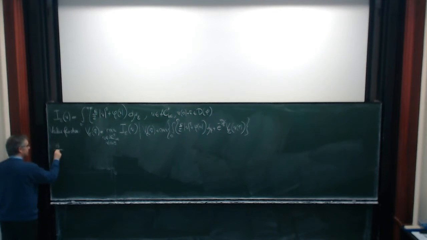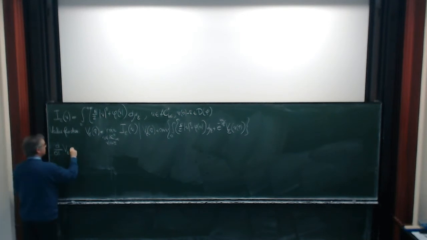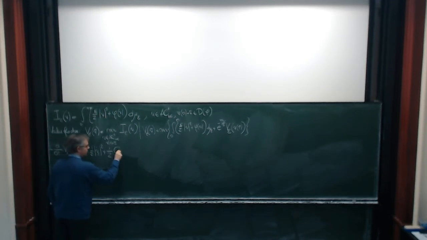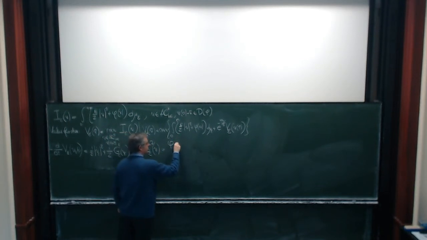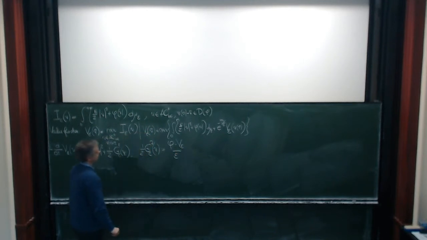So if I evaluate the time derivative of the value function along the minimizer, let me call it now u epsilon, the minimizer of I epsilon of u, then at some time t, minus the derivative is exactly 1/2 u epsilon dot square plus this quantity that I call now g epsilon of u square, and this quantity is a sort of approximated slope, just phi minus v epsilon divided by epsilon, calculated at the point u.